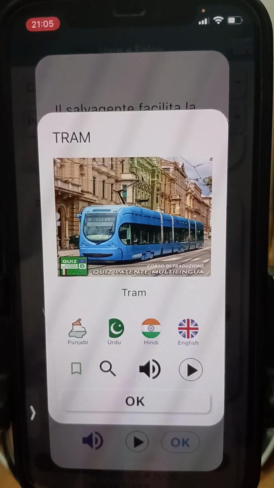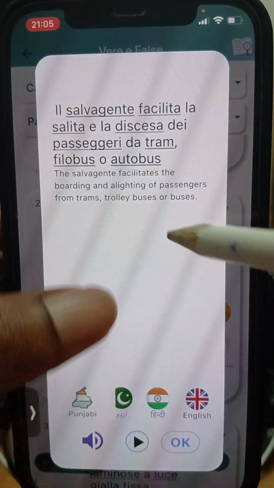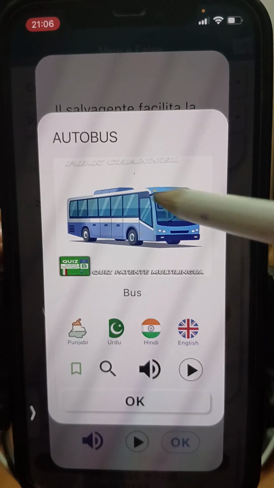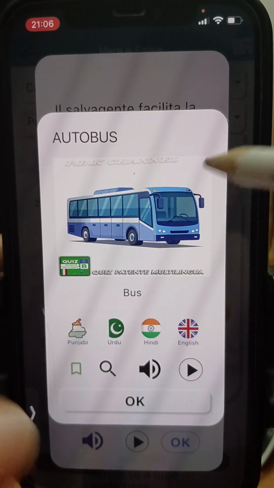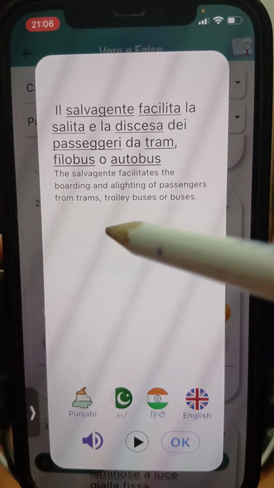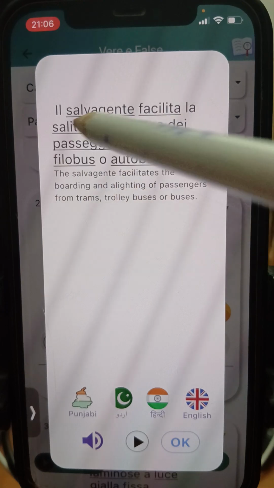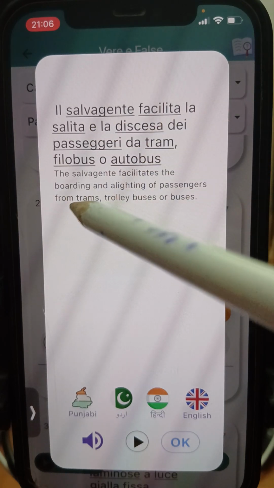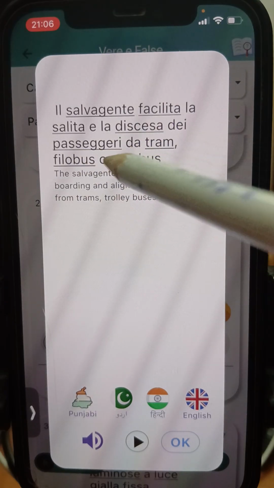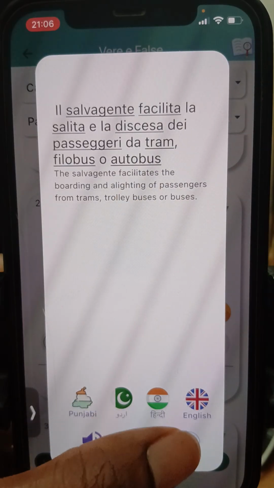It is in Milan, as we enter towards the Duomo. Then there is the normal autobus, our normal bus. The salvagente facilitates the boarding and alighting, which means salita and discesa, of passengers from tram, filobus or autobus.